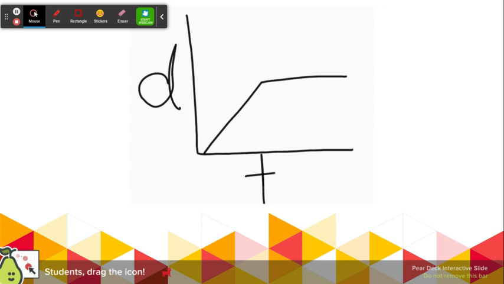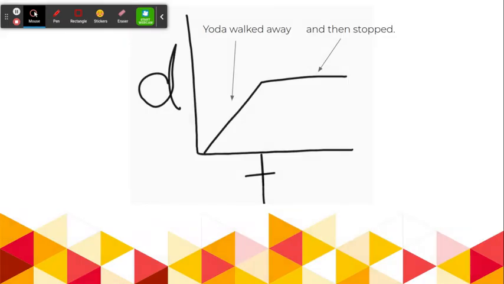His distance is increasing at the beginning of the graph, so he is walking away from his doghouse. Then his distance doesn't change. It isn't increasing or decreasing, which shows no movement. So here in this graph, Yoda walked away and then stopped.